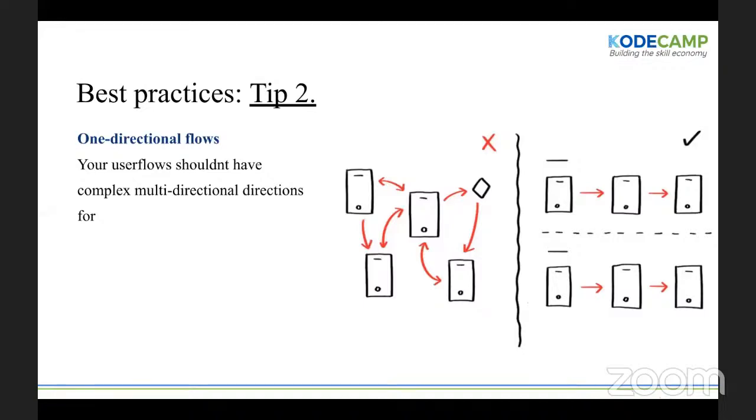So it has to be one directional, from this page to this page to this page. Maybe this could be an onboarding flow, for example. And then the next one from this page to the next page looks one directional and is very easy to grasp. So one of the best practices is to use one directional flows at a time.